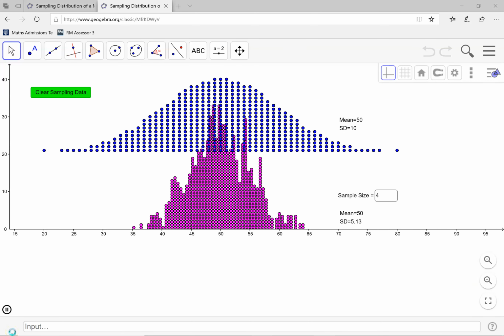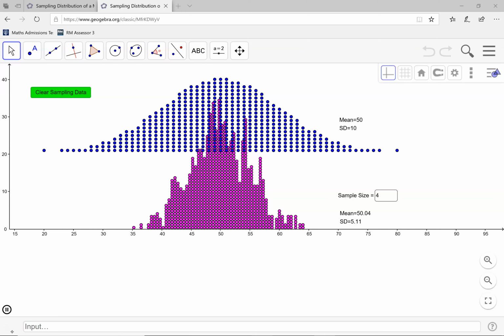this is one I've done earlier, and I will restart it when we get going again. This is a sample size of 4, so we can't see the dots dropping down like we did with the other one, but we can see that it's beginning to look normally distributed.